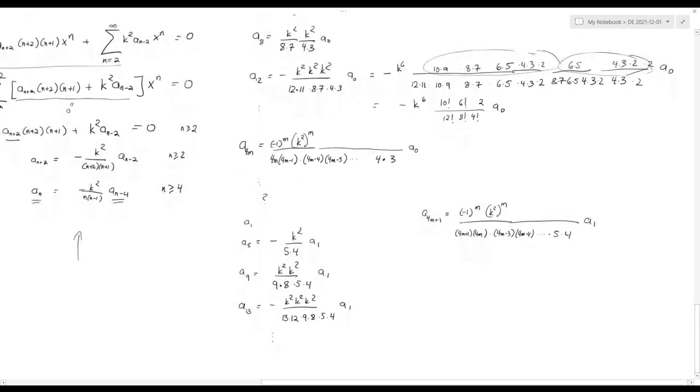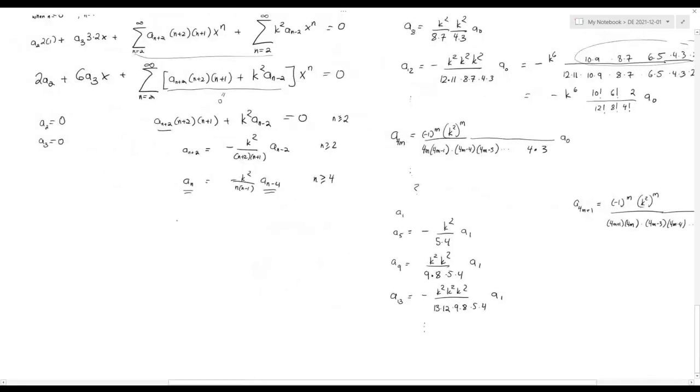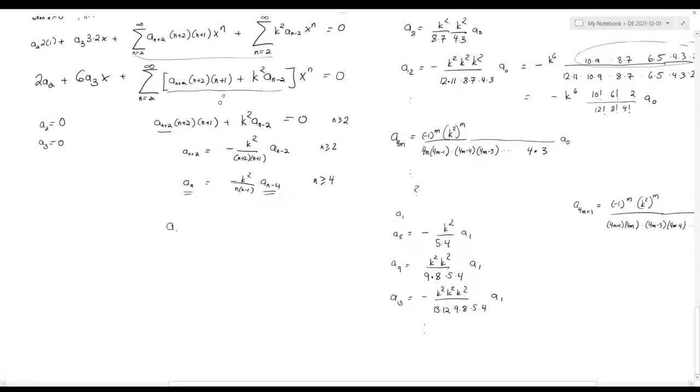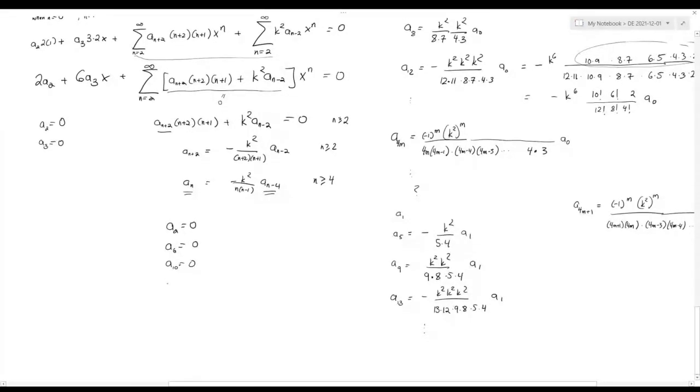Now notice that our recurrence relation also tells us that those are the only non-zero multiples: when the index is a multiple of 4, or when the index is a multiple of 4 plus 1, then we have non-zero coefficients. But the recurrence relation and the fact that a2 is 0 tells us that a6 is 0. And then that tells us that a10 is 0, and so on.